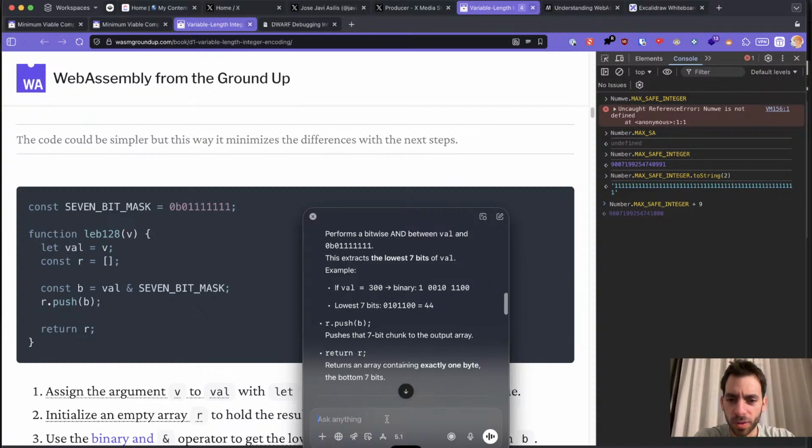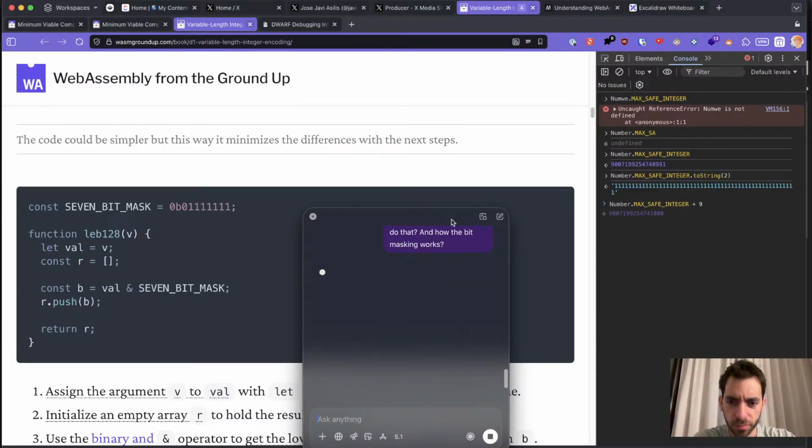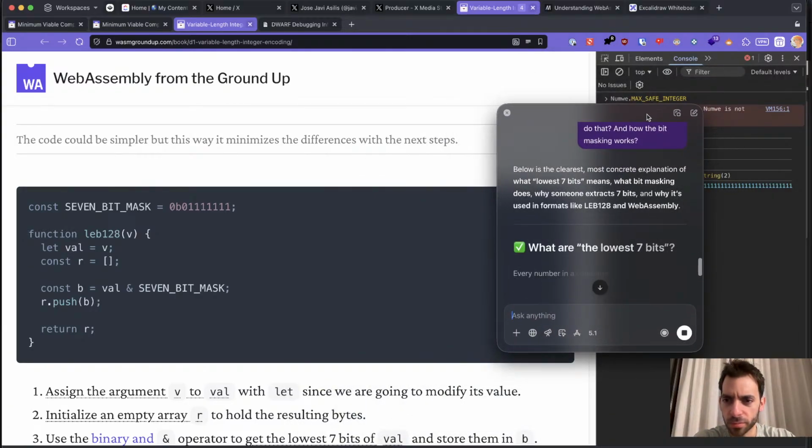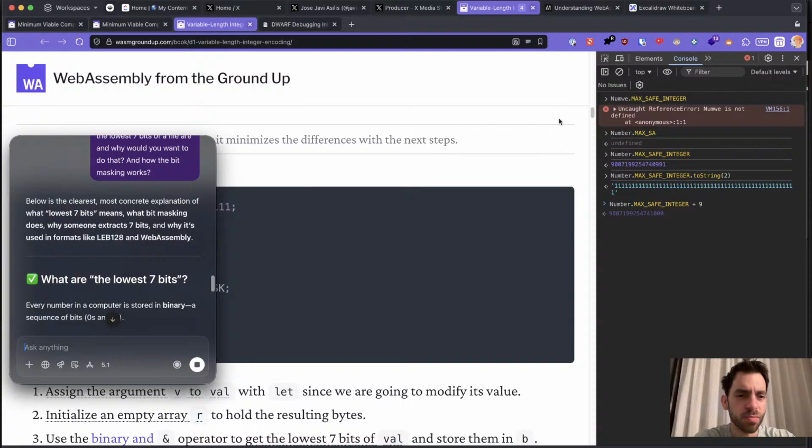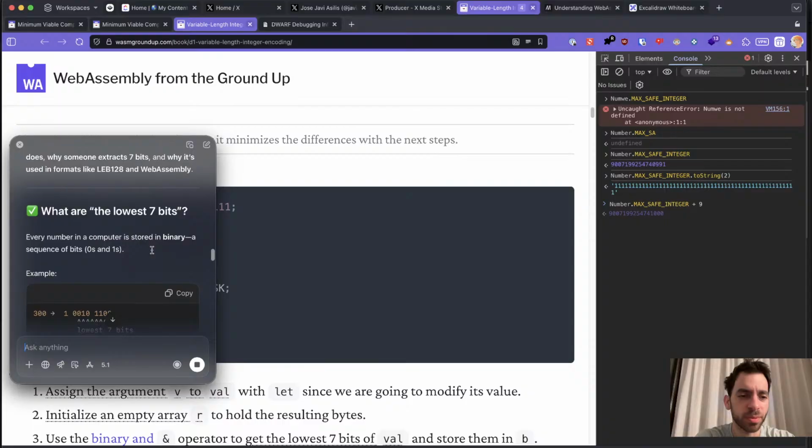Can you explain to me what are the lowest 7 bits of val and why would you want to do that? And how the bit masking works? Below is the clearest, most concrete explanation of what lowest 7 bits means and why it is used in formats like LEB128 and WebAssembly.